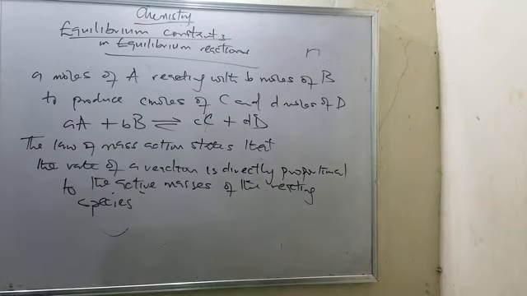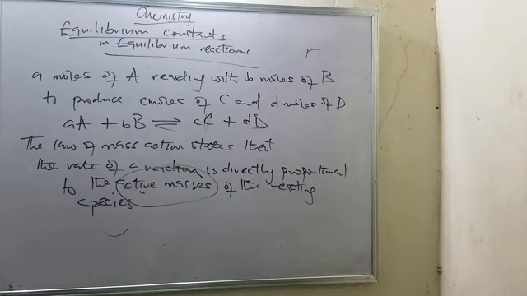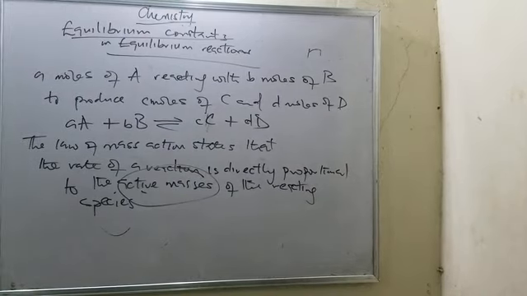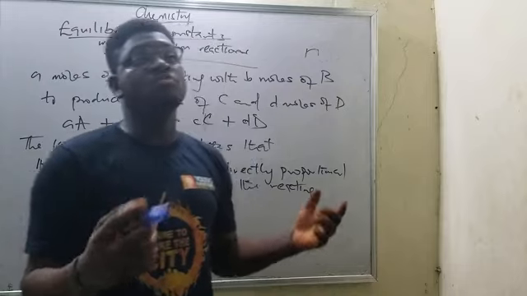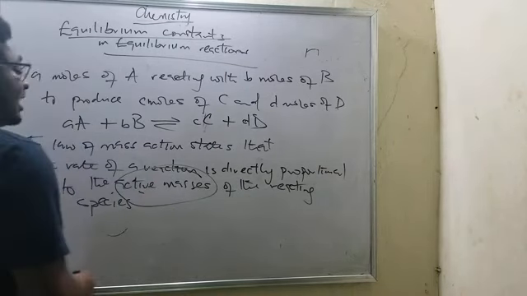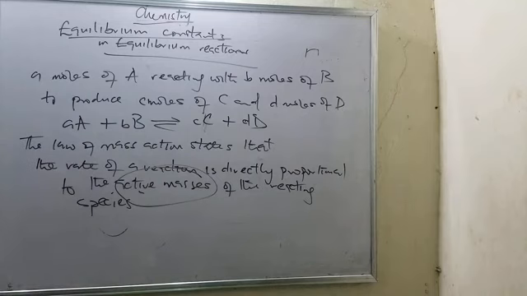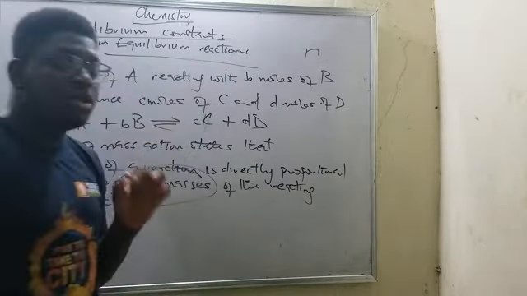So this will bring us to the question: what exactly are the active masses? The active masses are the concentration of a substance or species raised to the power of the number of moles as represented in the balanced chemical equation.